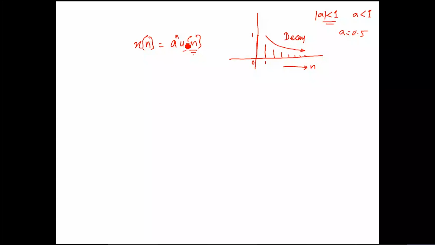This is a very common signal, and if you go on the negative side, if this u of n was not there, then you will have values on the negative side also. On this side you will see that it will just keep increasing. It will be equal to 2, I believe, and then 4 and all that. It will just keep going on like that.